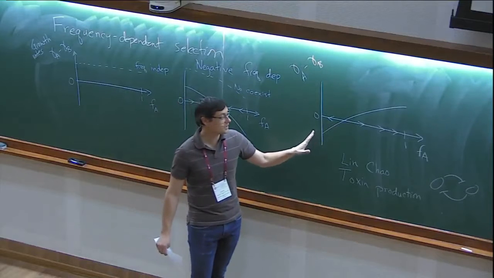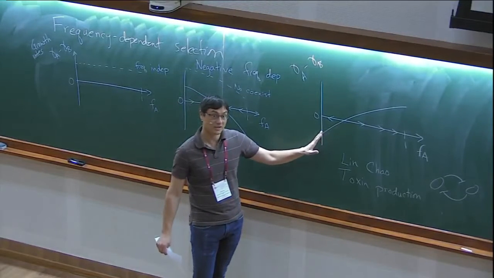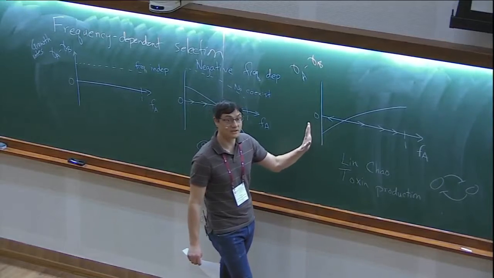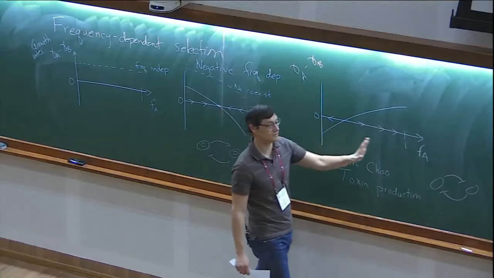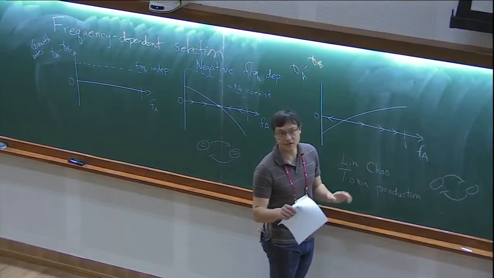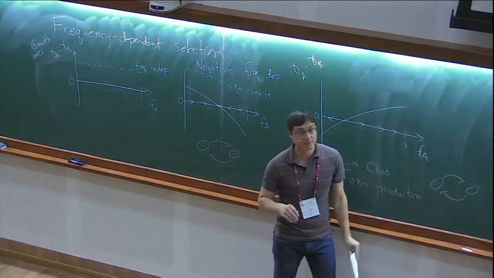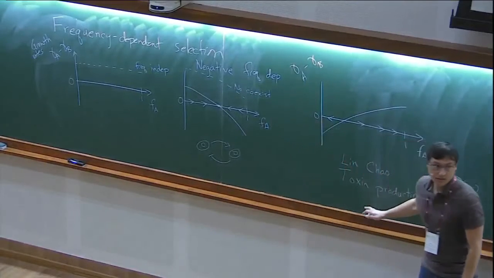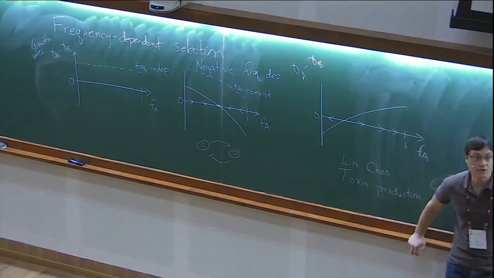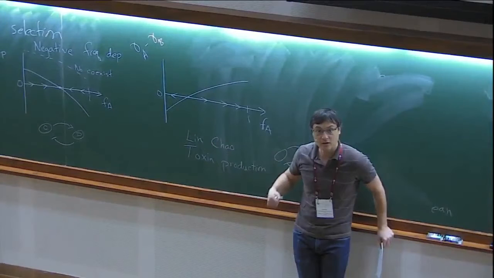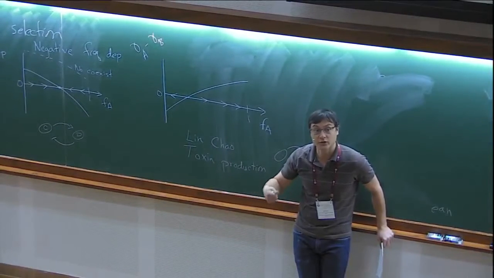Whereas what you see here is that an initial mutant will be selected against. So that means that it's actually quite difficult to go from this state to this state. But there are a lot of discussions about how that might happen. One thing that's observed in Lin Chao's original paper was that if you did the experiments in spatially structured environments, then it was no longer quite like this, and the toxin producer could now actually spread.